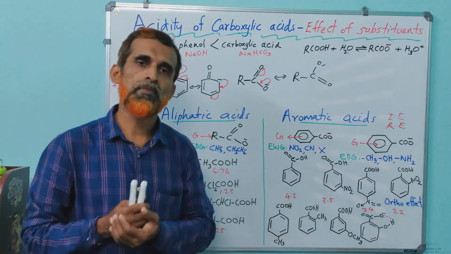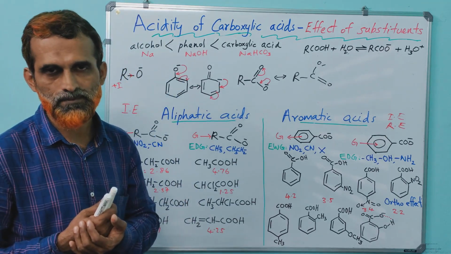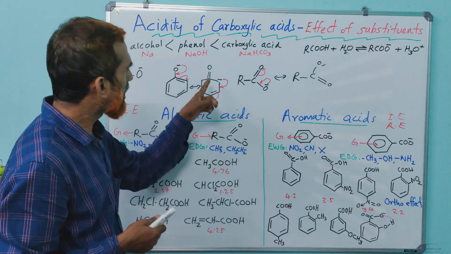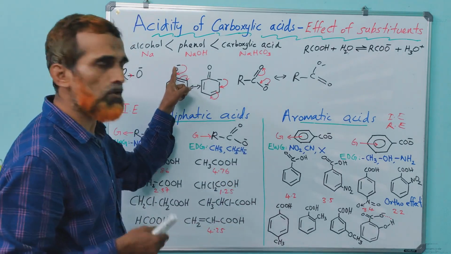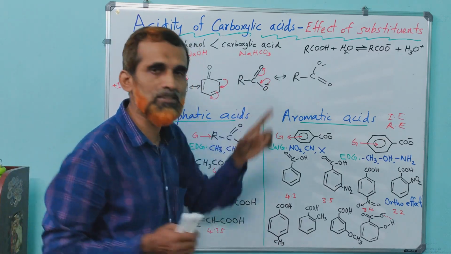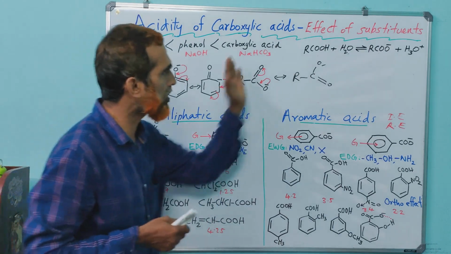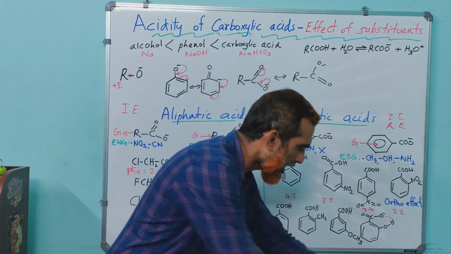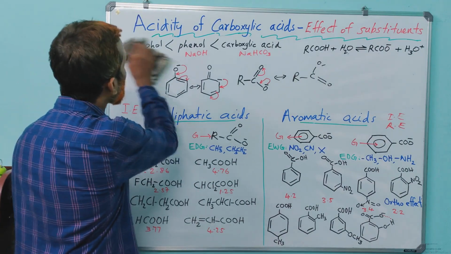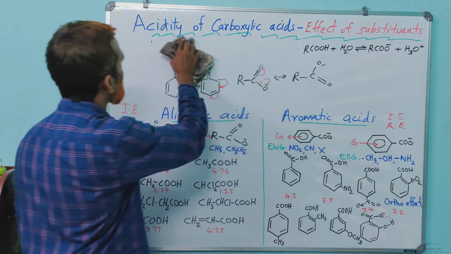Oxygen is more deserving to hold electron. It can comfortably hold electrons because it's electronegative. And another point, here there is only 1 oxygen to hold this electron density, whereas here there are 2 oxygens to hold excess electron density. So this is more resonance stabilized, correct? So that's about the comparison of acidity of alcohol, phenol as well as carboxylic acids.